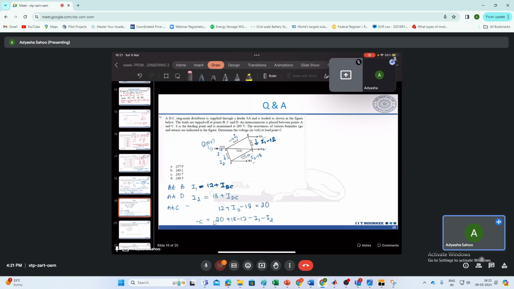So let me write the KCL at A. I is I1 plus I2 plus IAC. So IAC I'll get as I minus I1 minus I2.